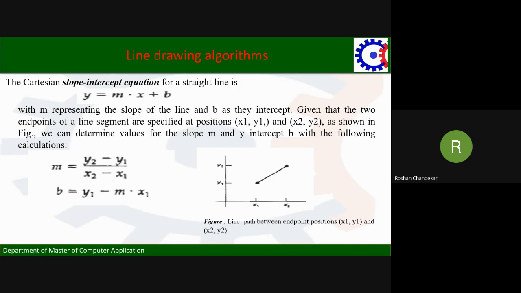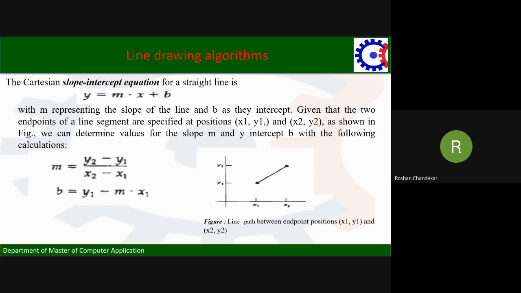Given that the two endpoints of a line segment are specified at positions (x1, y1) and (x2, y2), as shown in our diagram, we can determine the value of the slope m and the y-intercept b with the following calculation.